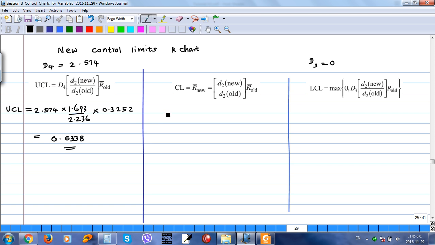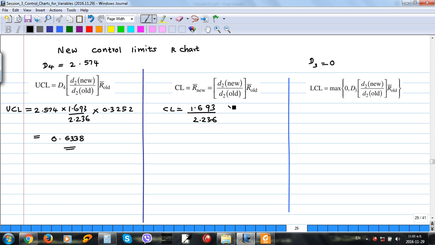And here center line equals R bar new, that is D2 new, 1.693 over 2.236, into R bar old, 0.3252. The value you can take is 0.2462. Simplify and try.